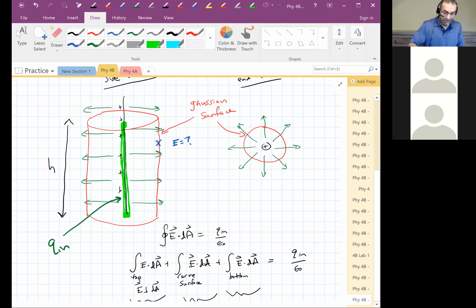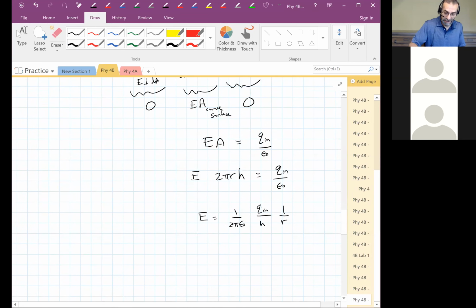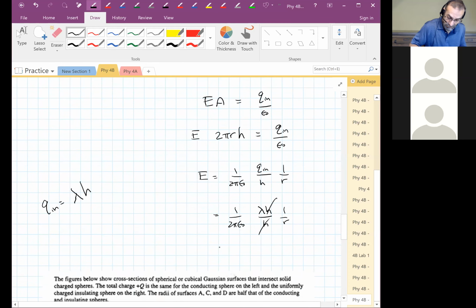So if I know lambda, the charge per unit length, then Q in is just lambda times h, right? So this is 1 over 2 pi epsilon naught, lambda h over h, 1 over r.